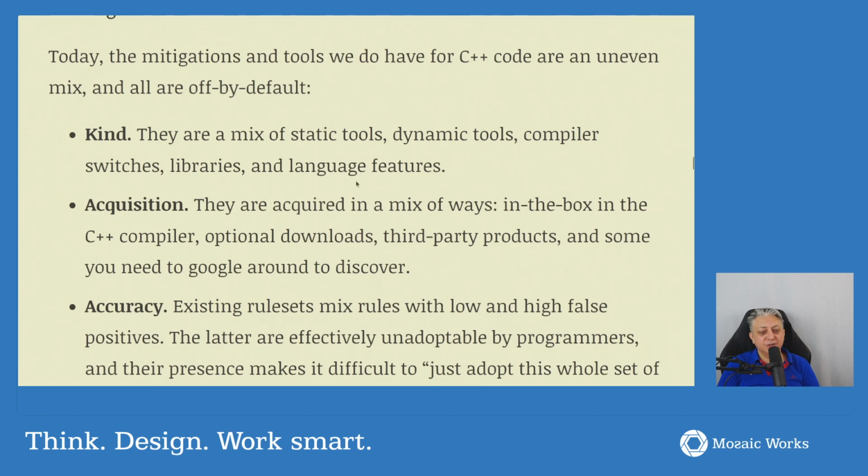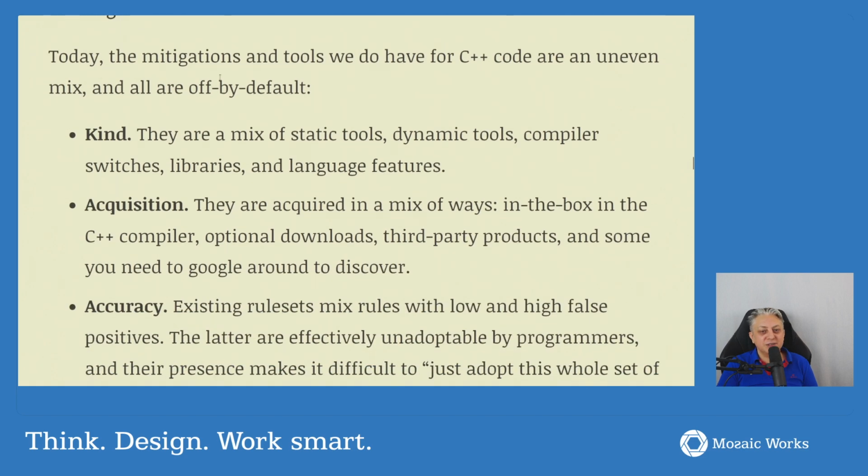And in addition to this, there's a whole bunch of things. C++ has been around for a very long time. So we have a bit of a problem with how many of these things there are and how varied. And how you pick the tools is not that easy. And I like this list.